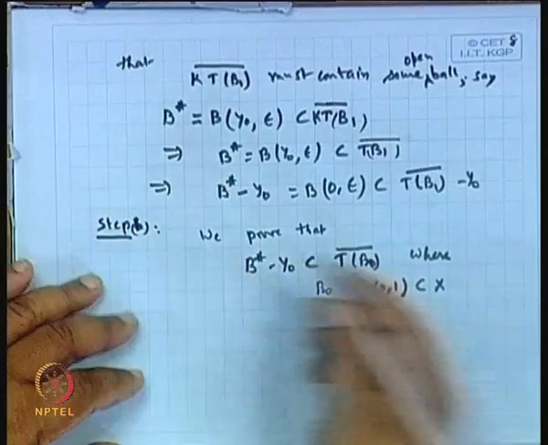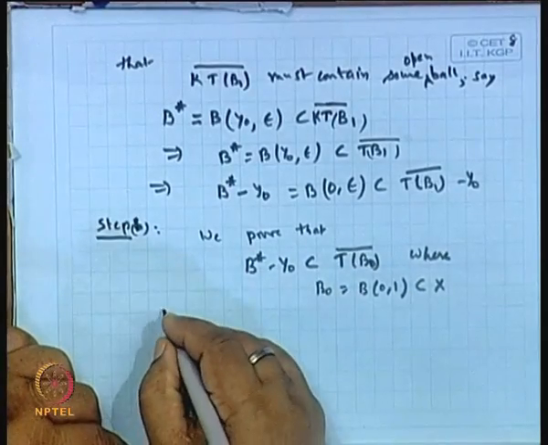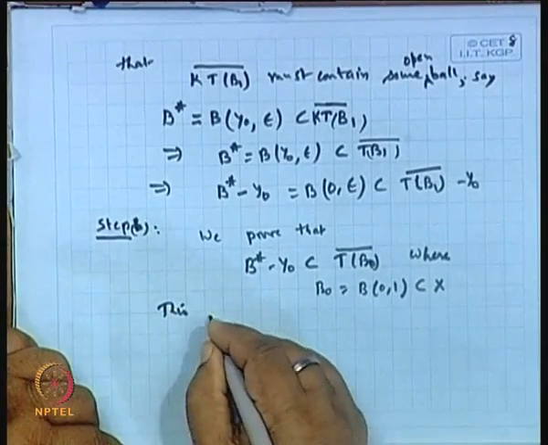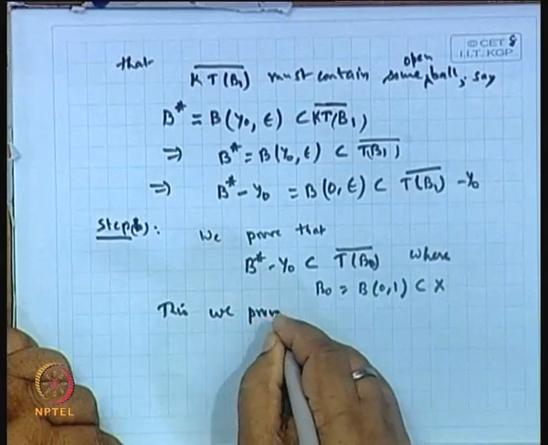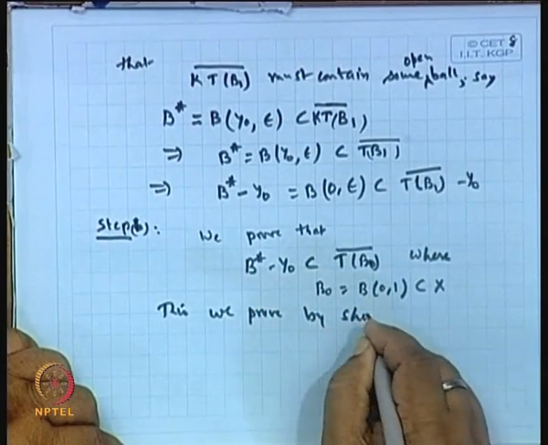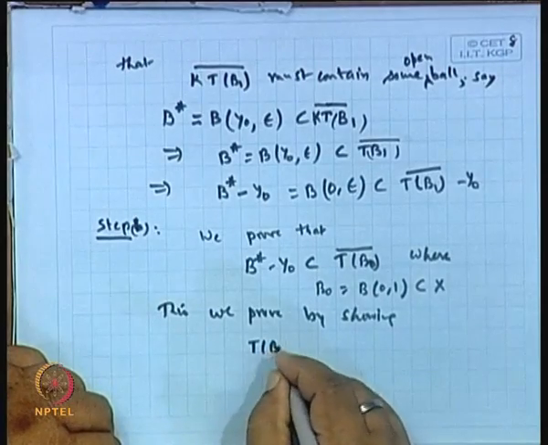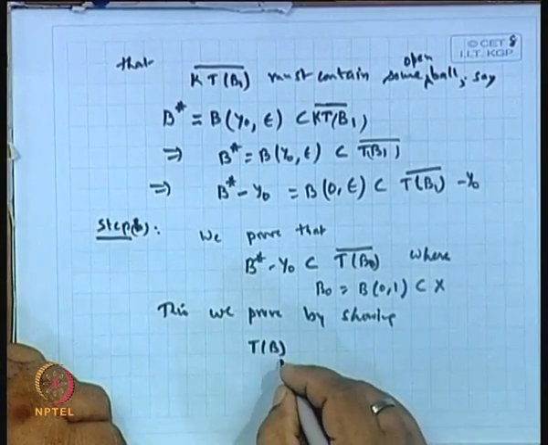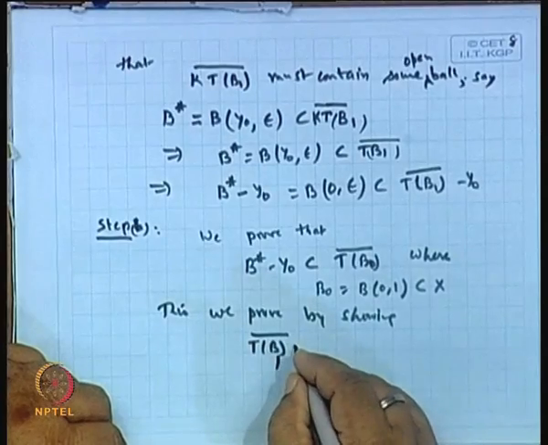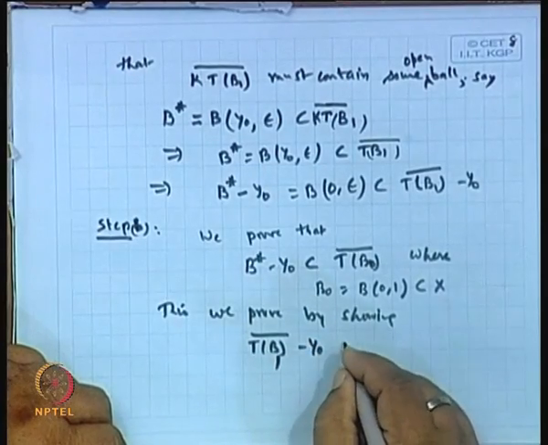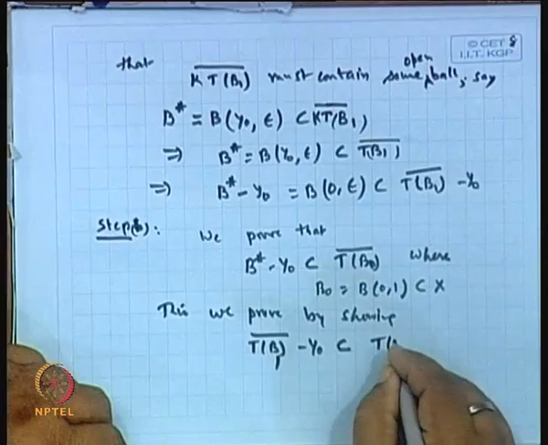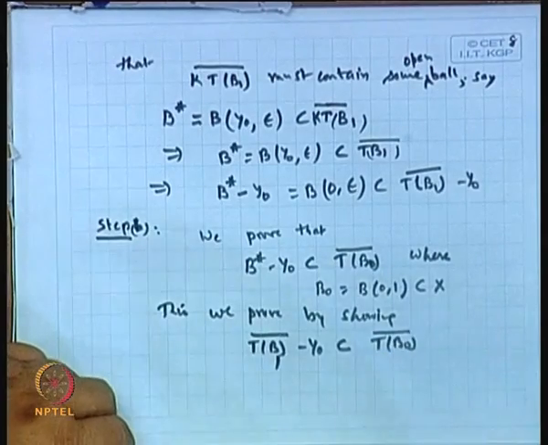Now, we prove this by showing that T B 1 closure minus y naught is contained in T B naught closure.